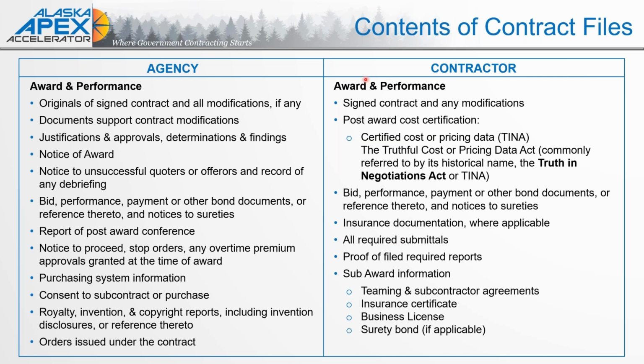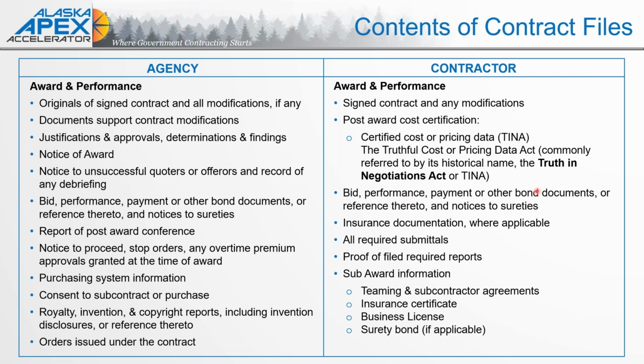So when we're talking about award and performance for contract files, so again, signed contracts and any modifications. Post-award certification, such as TINA, the Truthful Cost and Pricing Data, or Truth in Negotiation Act, if that is applicable and a document you had to have signed, absolutely you should have a copy of that signed document in your contract files.